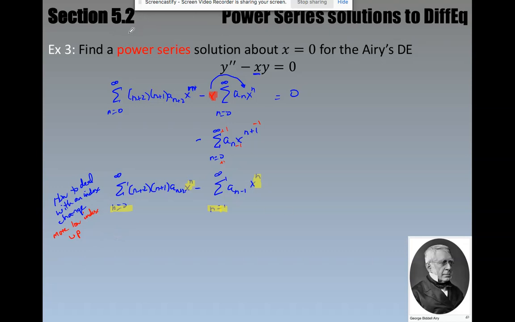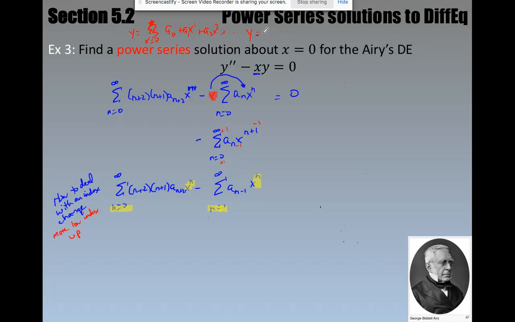How I'm going to move the low index up is, think about way up here: if I have y equal to the sum from n equal to 0 of a to the 0 plus a1 x to the 1 plus a2 x to the 2, blah, blah, blah. I could just start this at x to the 1 instead of starting at x to the 0.